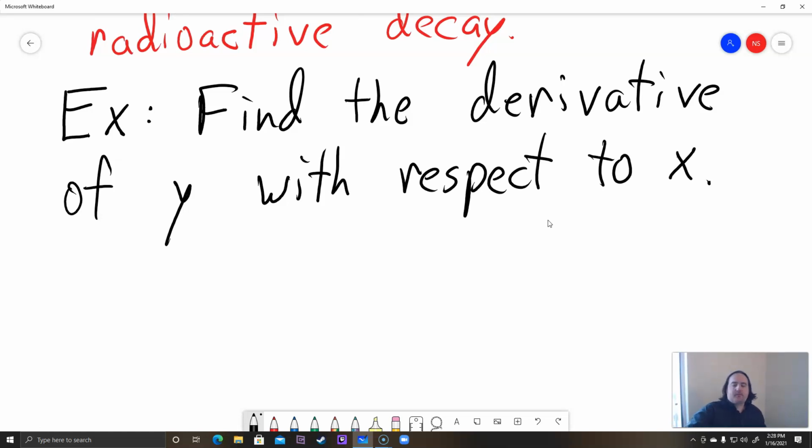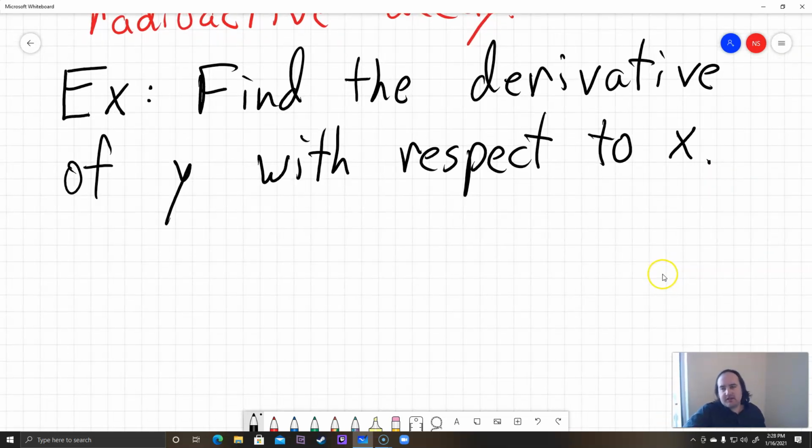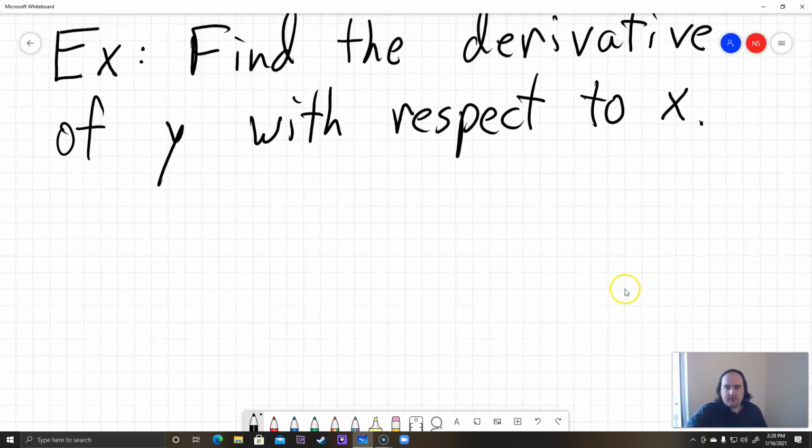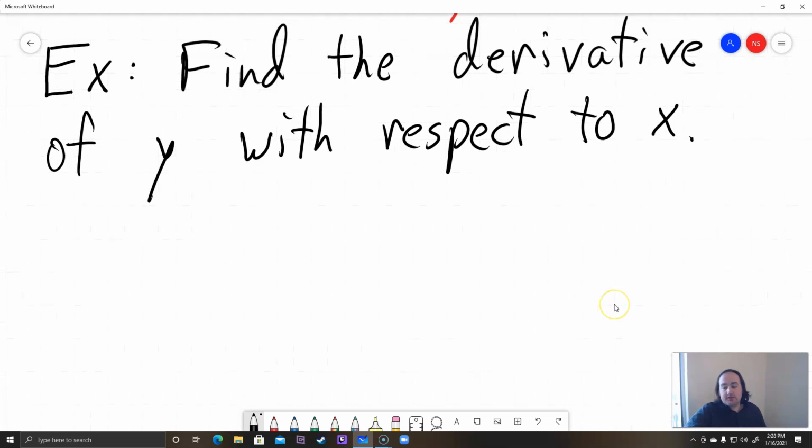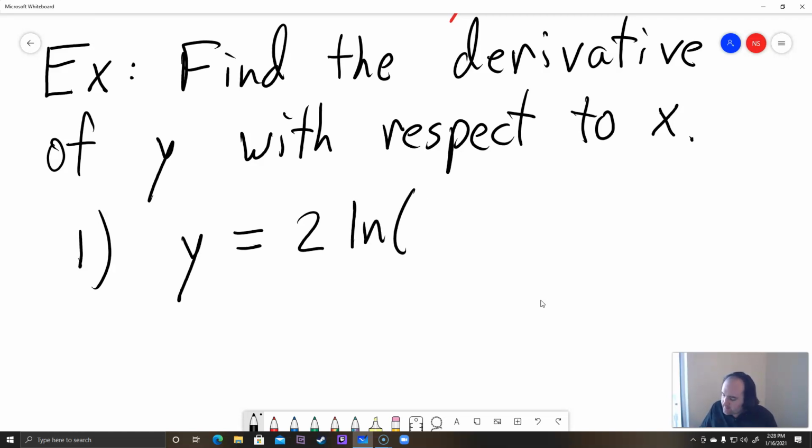Sometimes they'll just say find the derivative, because everyone understands that it's the derivative with respect to x. For our first one, we're going to start with a relatively easy problem. Problem number 1: find the derivative of y equals 2 times ln of 16x.